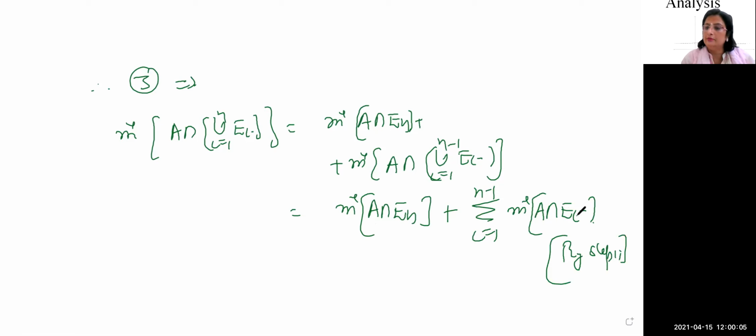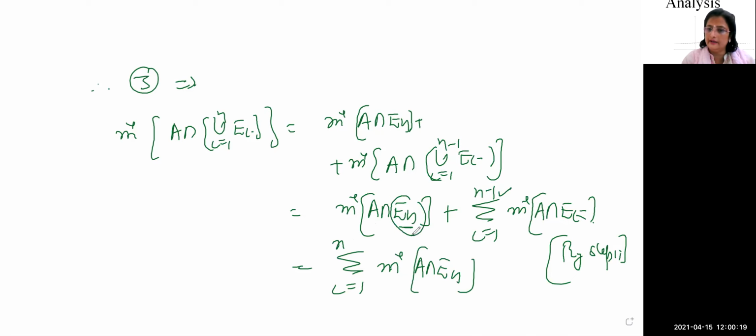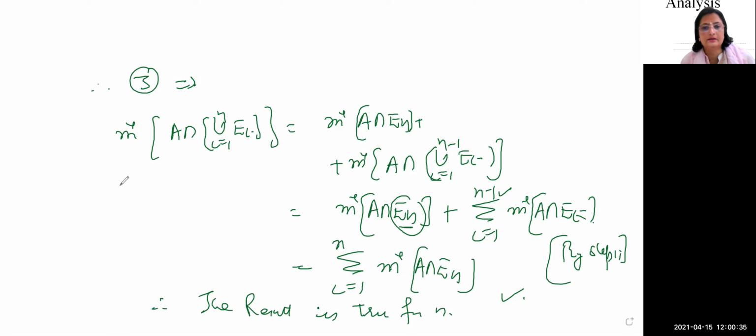Now this is the summation up to n minus 1, and one more term is added, so combine it: summation i running from 1 to n of m star of A intersection Ei. See, this is the sum up to n minus 1, and one more is added to it. So we have proved that the result is true for n. Result is true for n. So hence by principle of mathematical induction, this result, m star of A intersection union i running from 1 to n of Ei, therefore in the last what will you write?